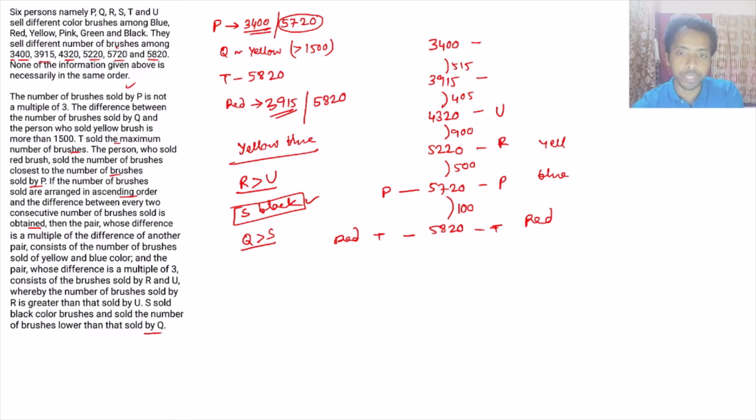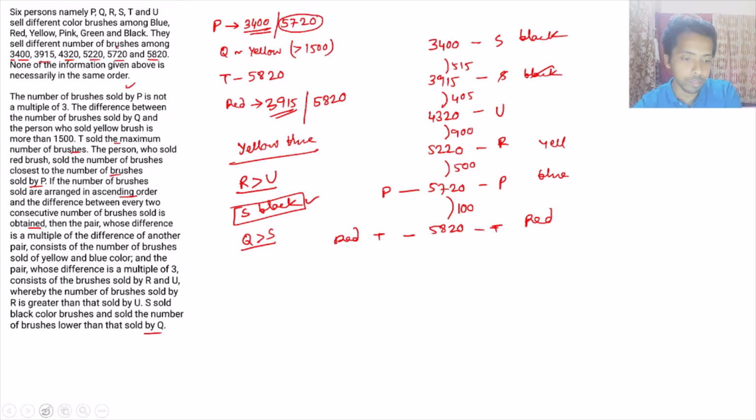If we take S at C915, if we take S black here, and all the numbers, 4320, whichever is greater than C915, are already occupied by some persons. So we cannot satisfy this condition, Q greater than S. Then Q can come here, 3400, which is not our case, which violates our condition that Q is greater than S. So S black is not here, but S black is here.